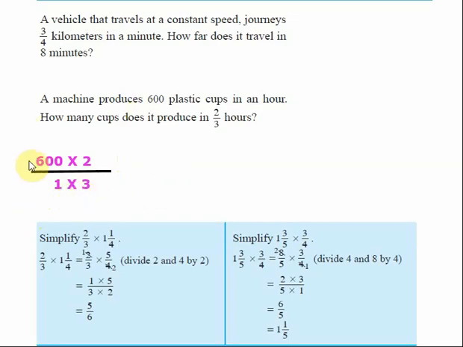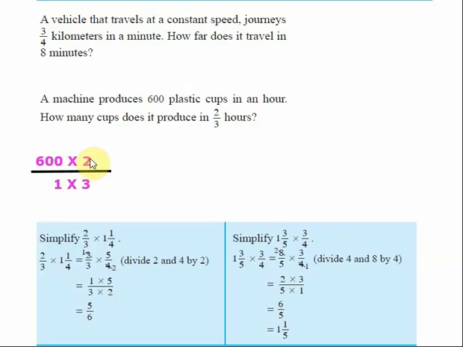Then we consider 600. So 600, as you see here 6, is divisible by 3. So then this simplification is possible. Whenever possible, you do the simplification and get the answer. It will be very easy. So here 600 divided by 3 becomes 200, right? 6 divided by 3 is 2, then 2 zeros, so 200.